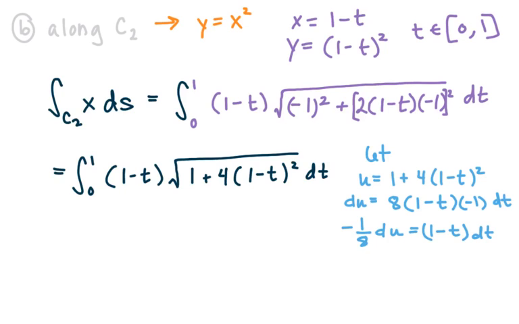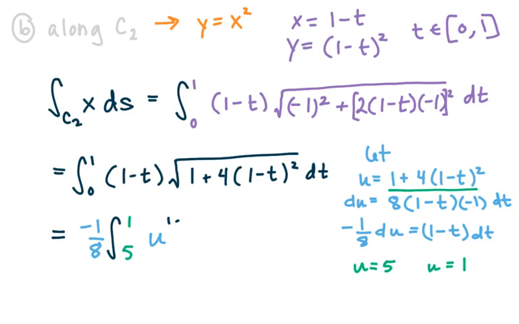Changing my bounds, if I plug in 0 to my u equation up here, I'll get that u equals 5. And if I plug in 1, I get that u equals 1. So my substitution looks like -1/8 times the integral from 5 to 1 of u.